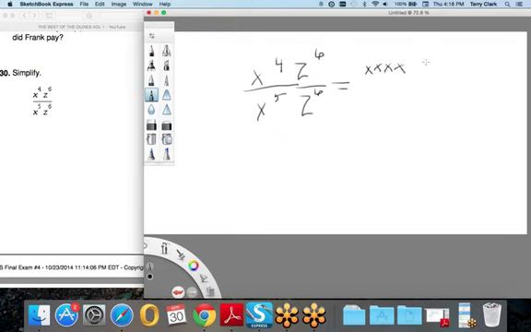And z to the 6th power is really 6 z's: 1, 2, 3, 4, 5, 6. And then we got 5 x's at the bottom. And what we're going to do is we're going to cancel out. We're going to take 1 for 1.